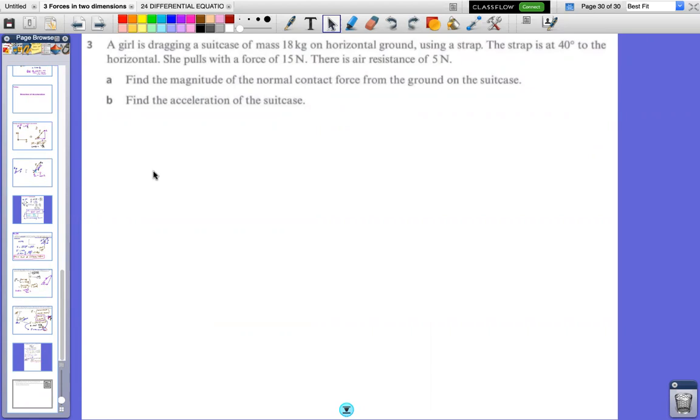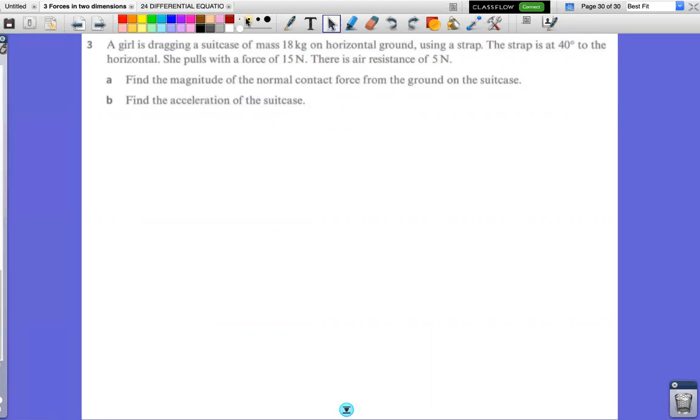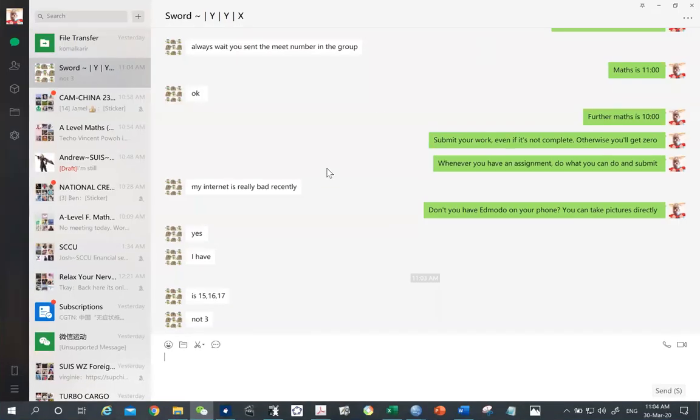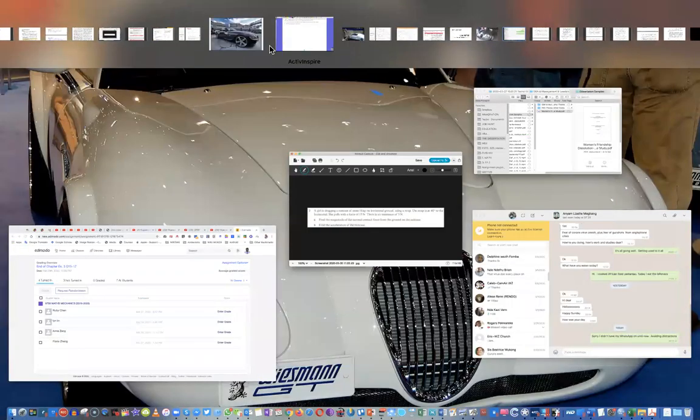A girl is dragging a suitcase of mass... Who is that? 15, 16, 17. Okay.